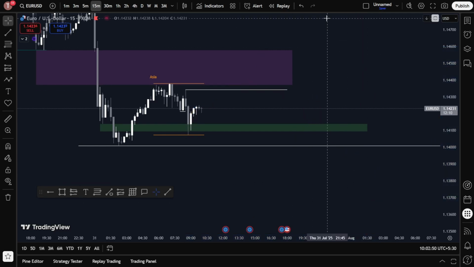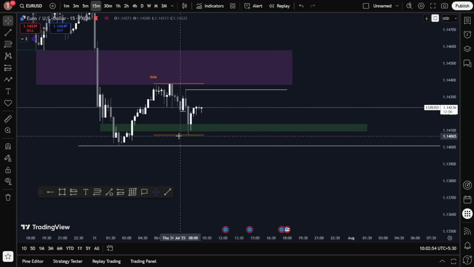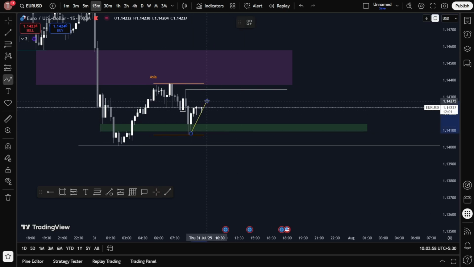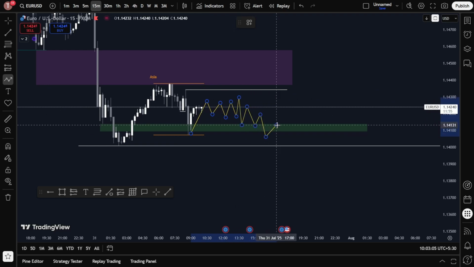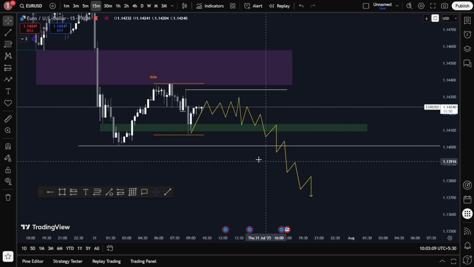Apart from that, if that doesn't happen and we get a close below the structure, most likely I'll be anticipating that this high will be the strong high, the price will manipulate something over here, and then we will be going into the downward side from this level.